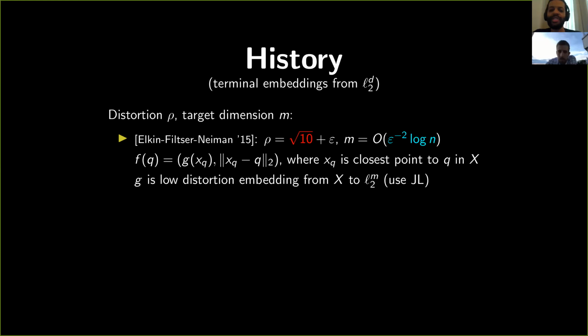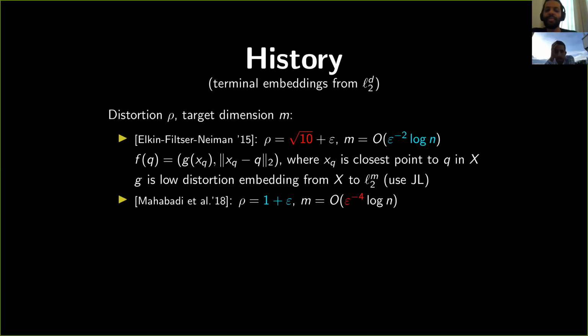So what you do is you take the nearest neighbor to Q in the database, you apply G, the JL embedding, to the nearest neighbor. That's your first R coordinates. And then your last coordinate is just one more number, which is the L2 distance to the nearest neighbor. So in particular, things in the original point set get mapped to the same as the JL embedding, comma, 0, one more coordinate that's 0, and everything else gets mapped to this thing.